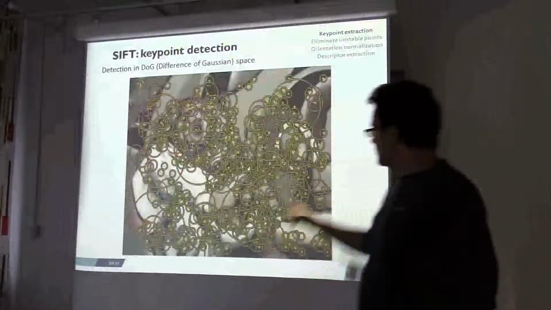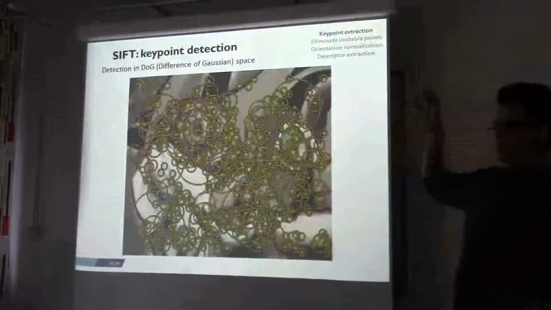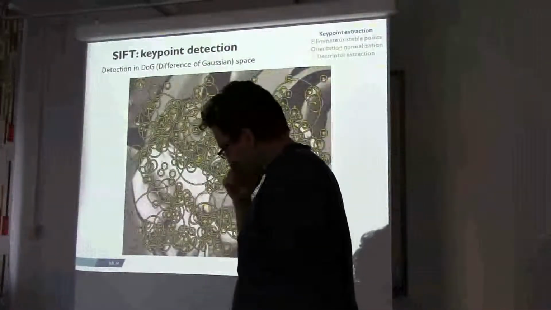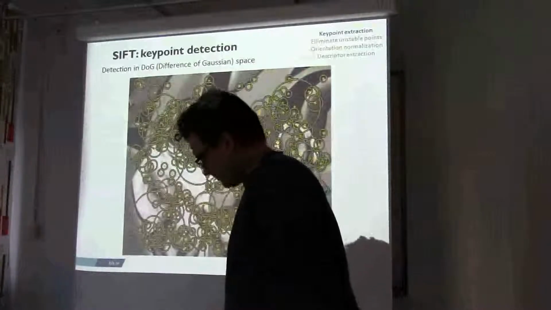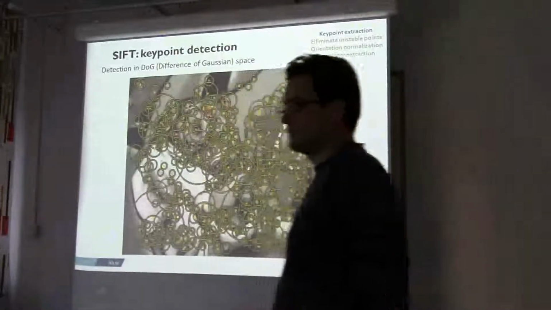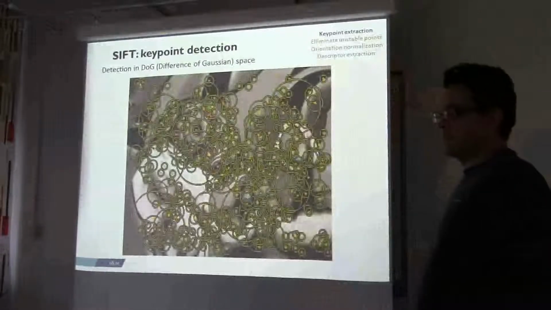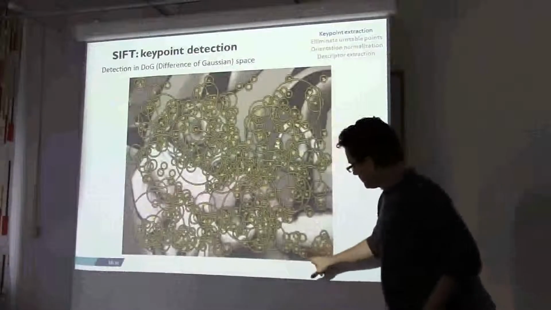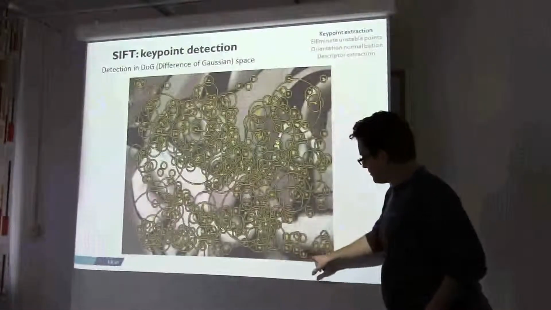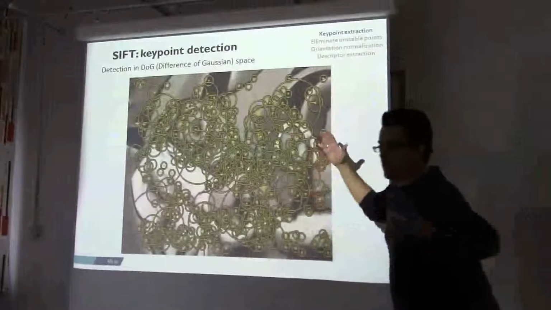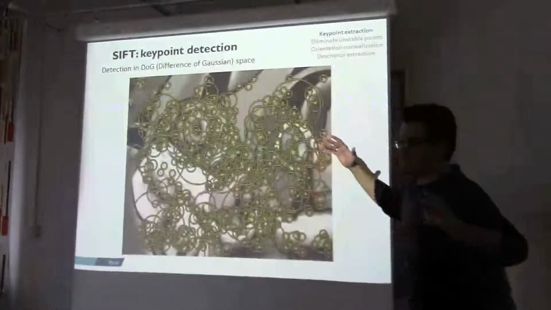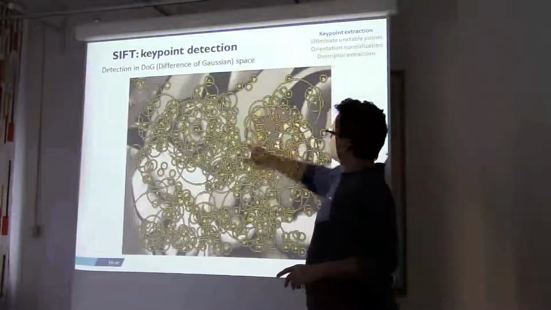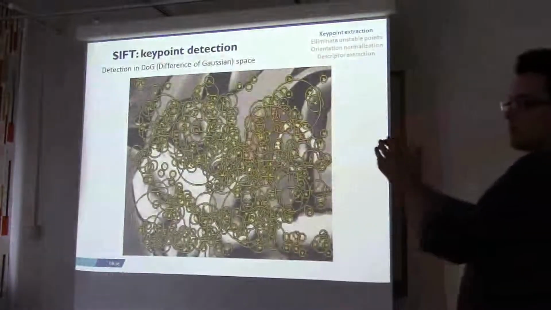So this is what is represented here by these circles of different sizes. The scale where you have detected the point. Clear? So the smaller the circle is, the smaller the image was when I found the point. The bigger, the other way around. You apply your Gaussian here. When you reduce, effectively you are increasing the size of the region your Gaussian covers. So this circle here is a point detected with a smaller image.